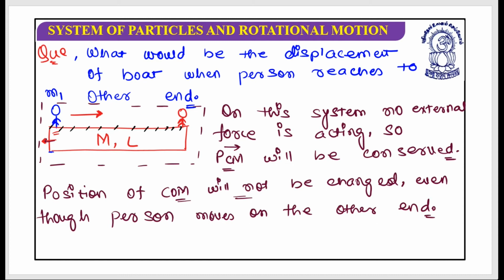So to conserve momentum, the position of the center of mass should remain at the same position. If the bullet is moving forward, then the gun must move in the backward direction. This is the same case with the boat and person. I hope this is clear.